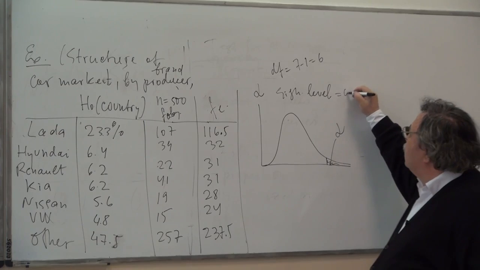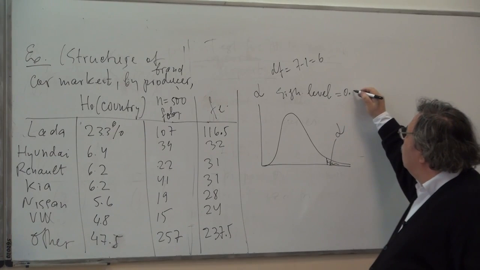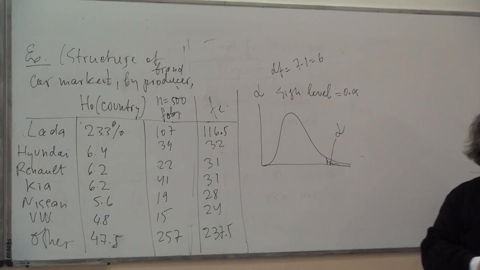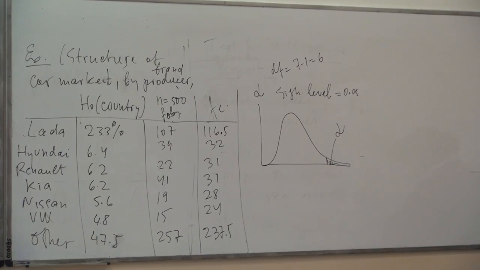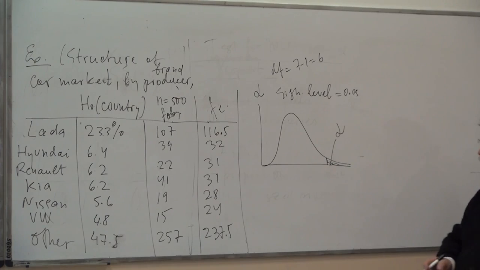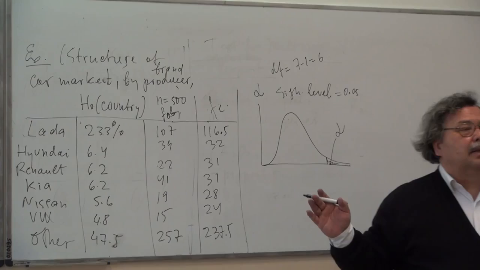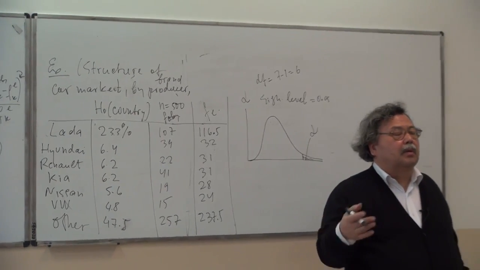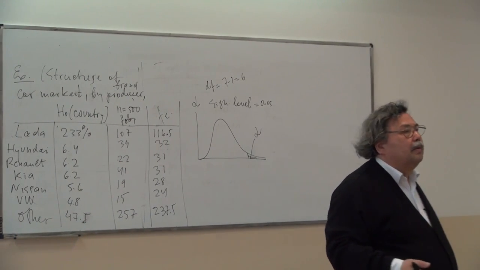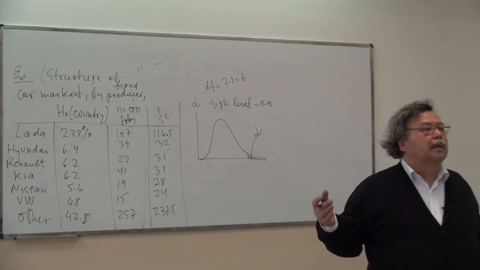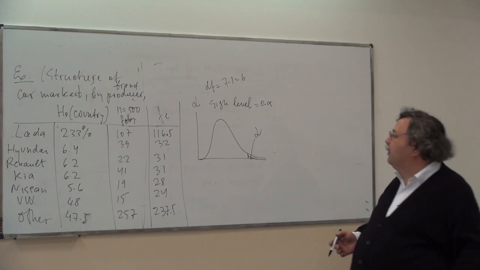And if this is 0.05, then the tail contains the probability of 0.05. To do it in practice, we have either tables or some computer software that is available just everywhere, including, for example, Excel.